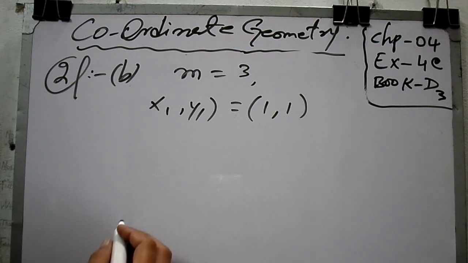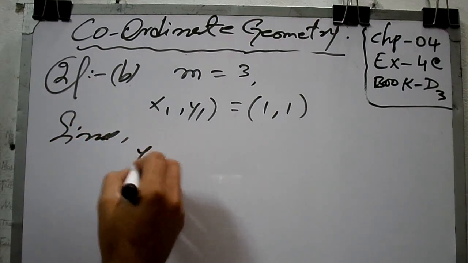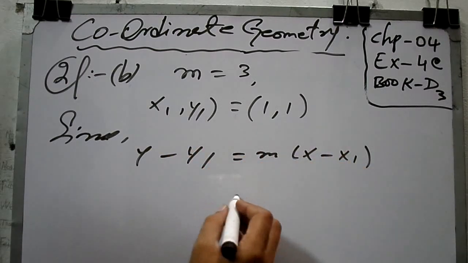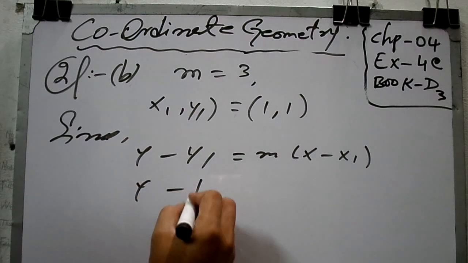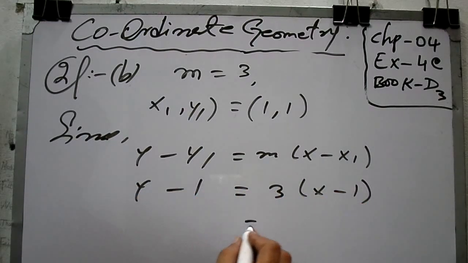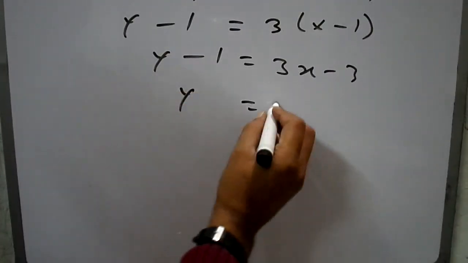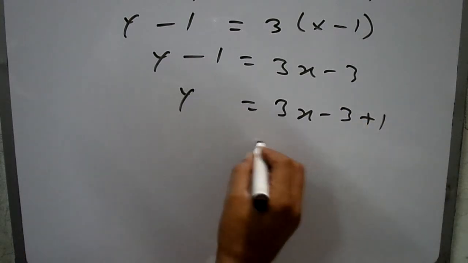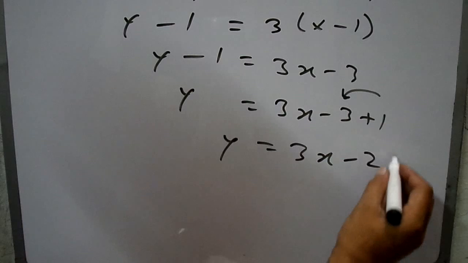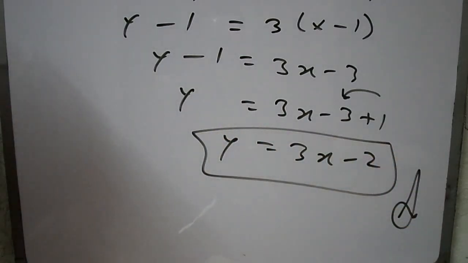So by using the point slope form, since y minus y1 is equal to m into x minus x1, putting the values, by addition and subtraction we will get y is equal to 3x minus 2. So that is your required result.